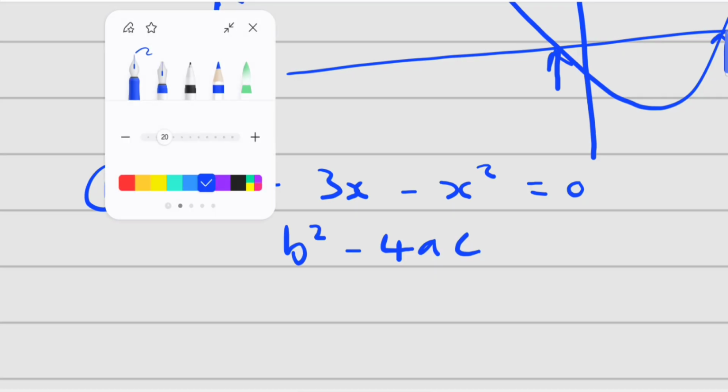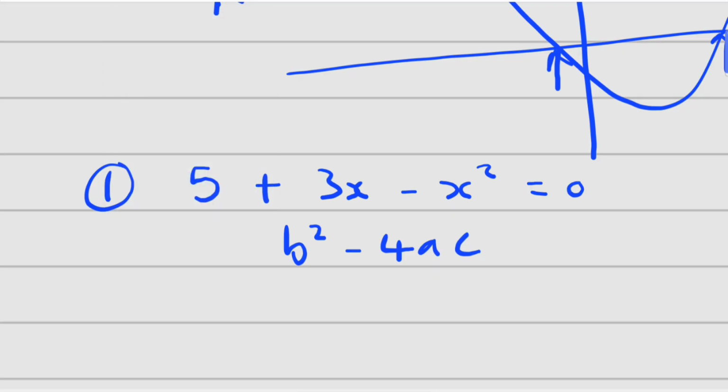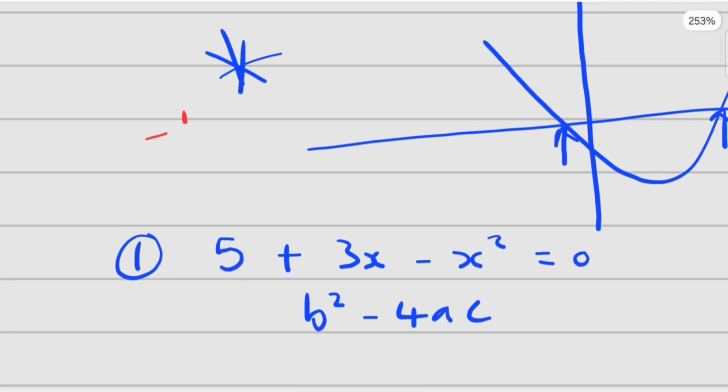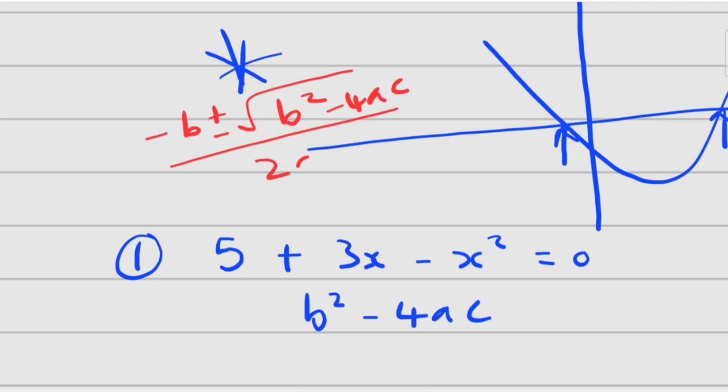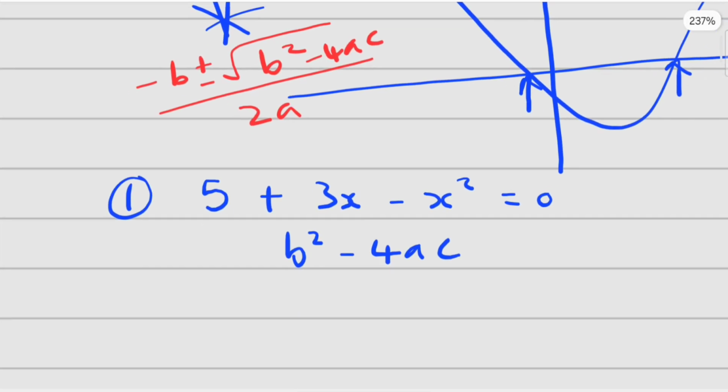So now with this, we know from our knowledge of the quadratic formula, b squared minus 4ac over 2a, we know that this is our a, the coefficient of x squared, and this is our b, and this is our c, right?